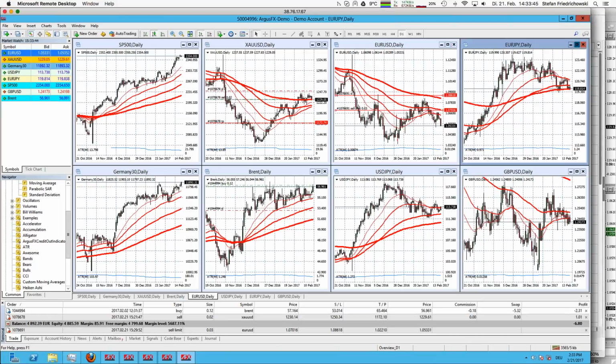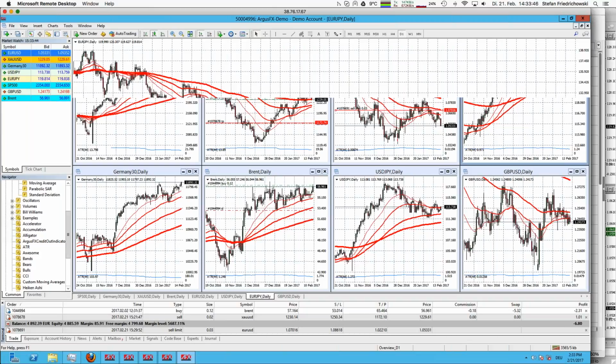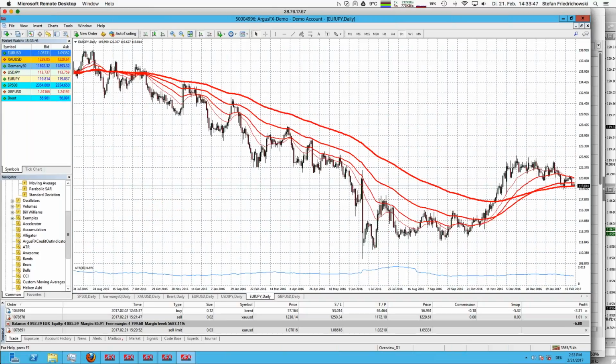So let me zoom here. Looking back to the chart, you see, oh, there was a great chance in the history. You see here always that constriction of the 4 EMAs. So therefore, always there would have been an opportunity for a short trade. Nice, but history.